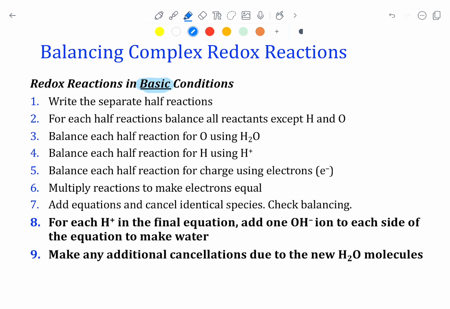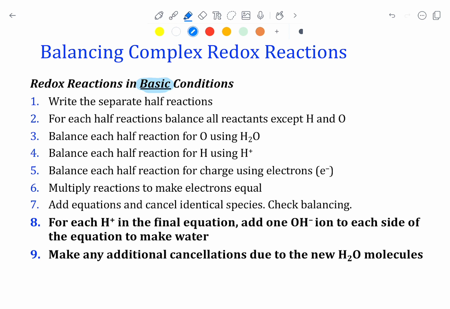So our 8th step is now, for each hydrogen ion in the final equation, add 1 hydroxide ion to each side of the equation to make water. So if we have 1 hydrogen on one side, we would have to add OH to both sides, in order to make water and make it a basic solution.